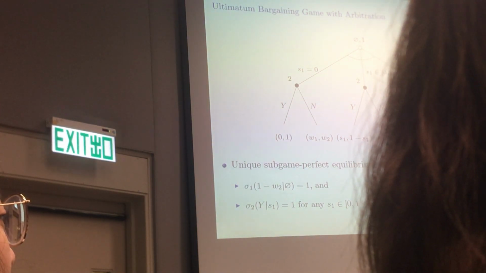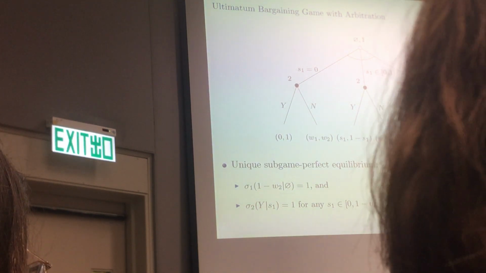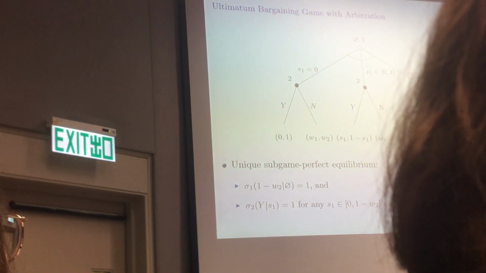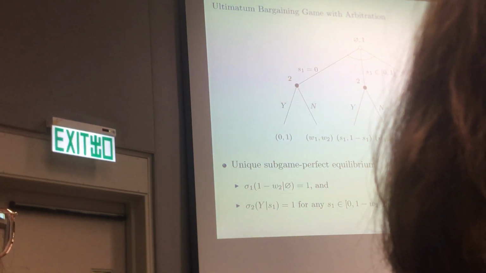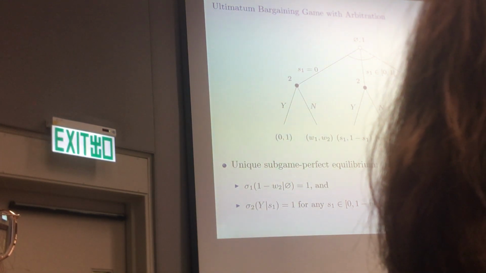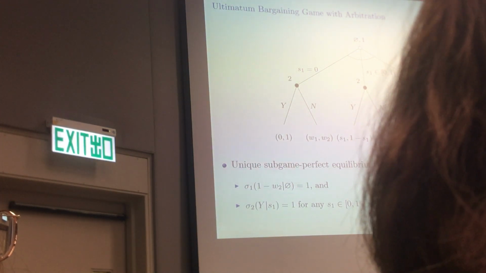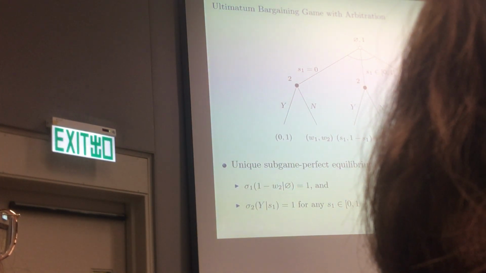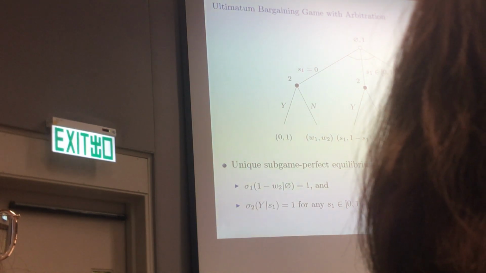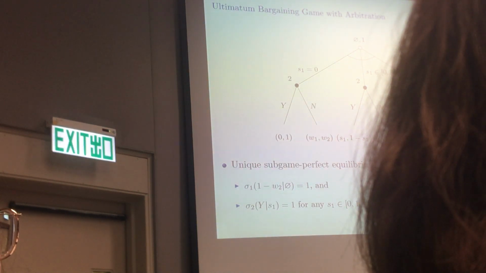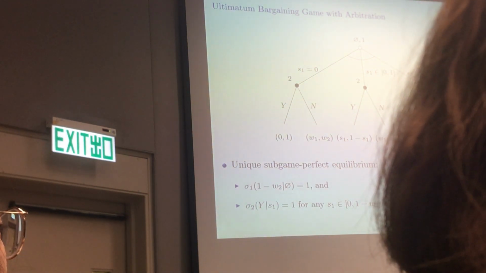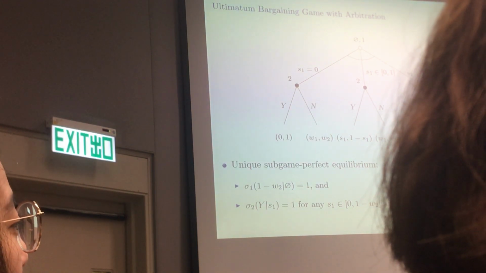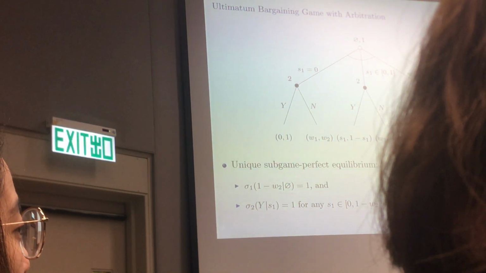If S1 is strictly larger than 1 minus W2, that falls into the second case. The situation is exactly opposite for player 2: player 2 will get a higher payoff if player 2 says no. Player 1 has to be able to anticipate that outcome whenever player 1 chooses S1 larger than 1 minus W2. In that case, if player 2 chooses no, then player 1's final payoff will be equal to W1.